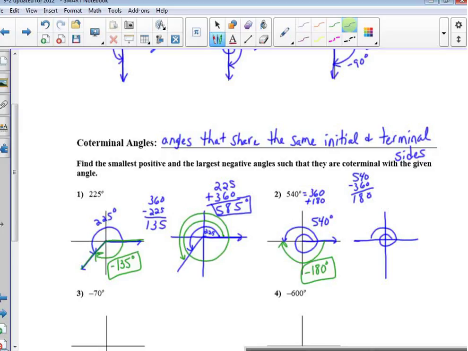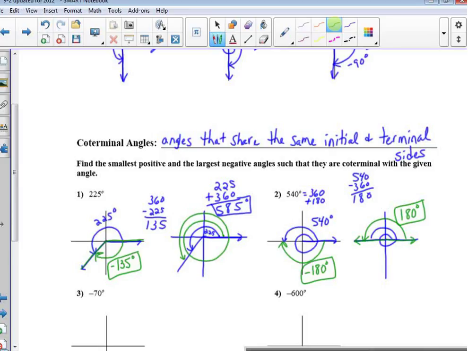So there's my 540. Now, if I just want this angle that has the same initial and terminal side as the 540, this 180 would be my smallest positive coterminal angle. So my answers are negative 180 and 180.